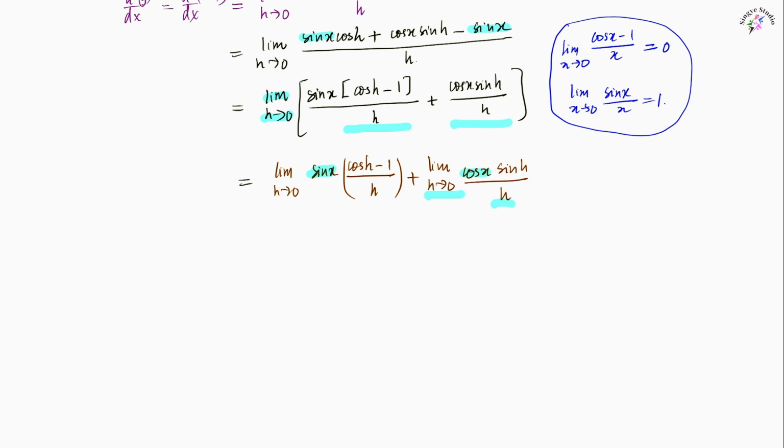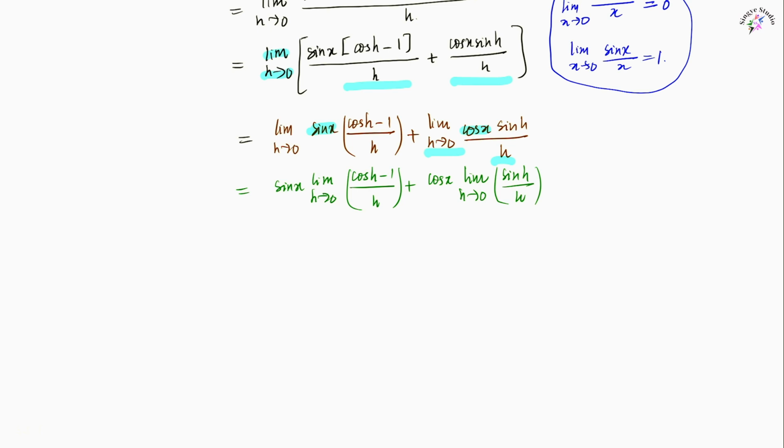So by isolating those terms which are not affected by the limit, we will get sine x times the limit as h tends to 0 of cosine of h minus 1 upon h, plus cosine of x times the limit as h approaches 0 of sine of h upon h.